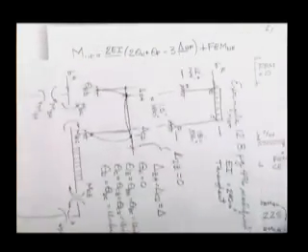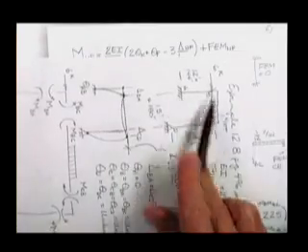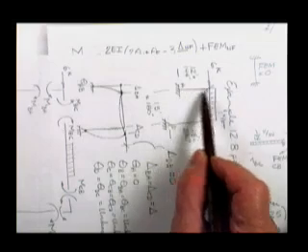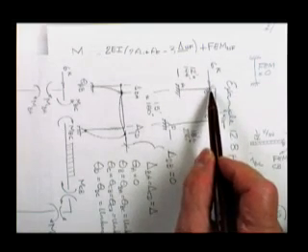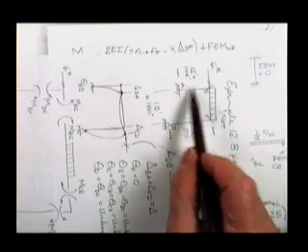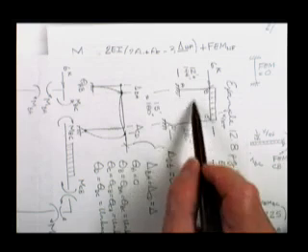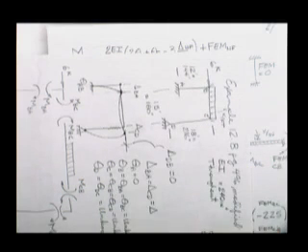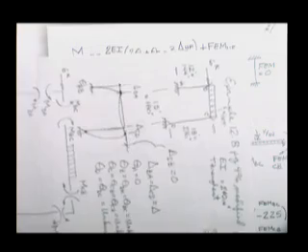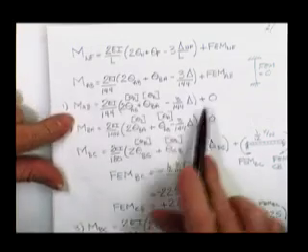You look at the structure and tell me, if this was a fixed beam, how much load is on it and how much moment is caused at the ends. There is no load on it, so you have no fixed end moments. So I put a 0 in that slot.